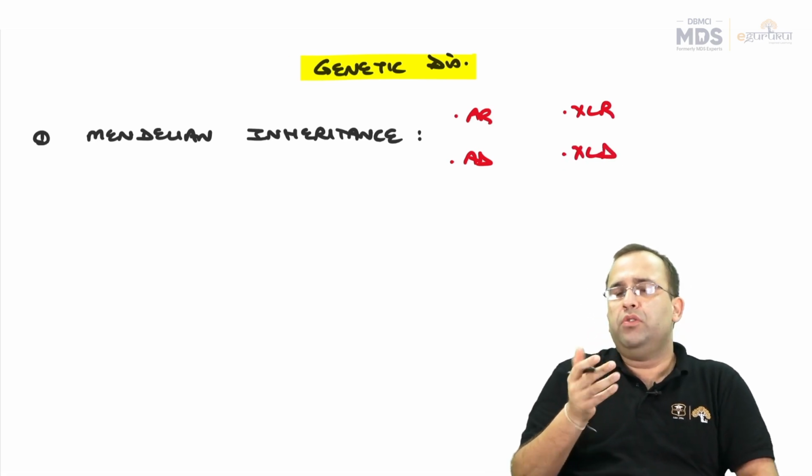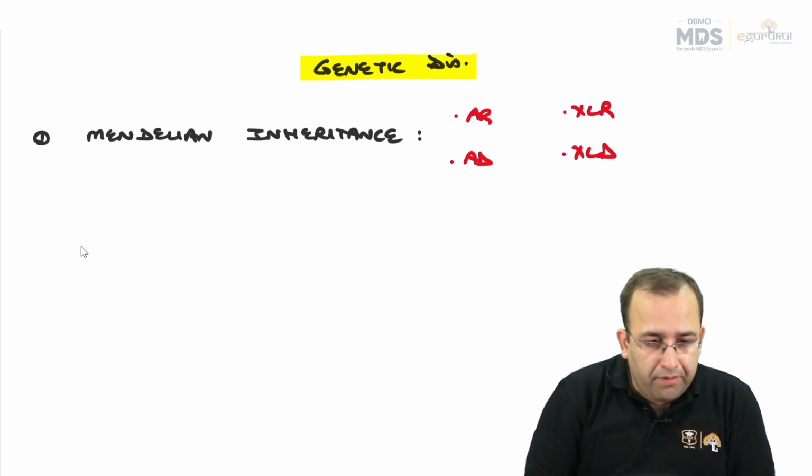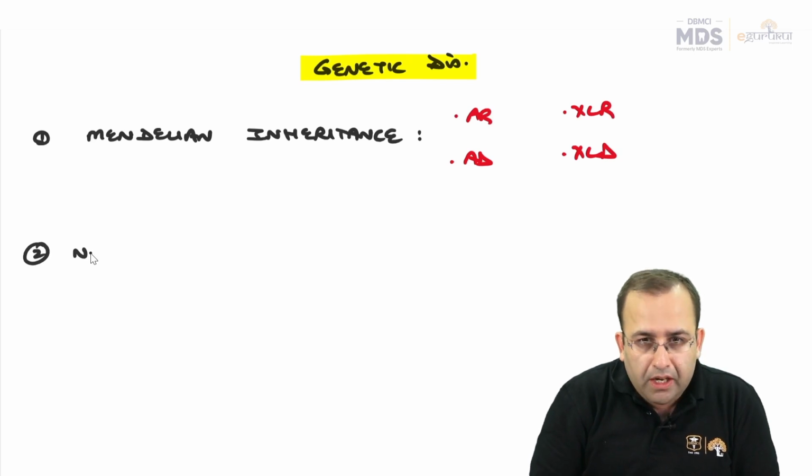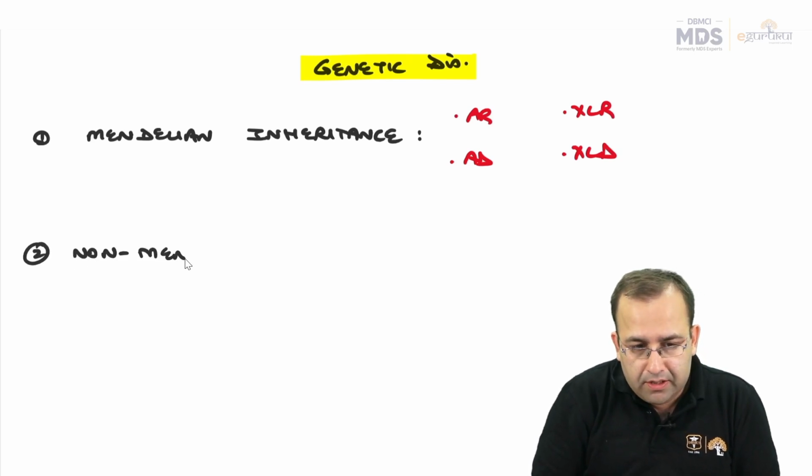We already know this, Mendelian inheritance. Next is non-Mendelian inheritance.